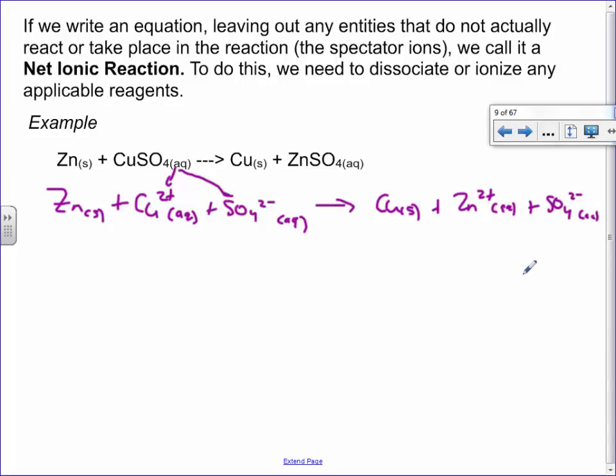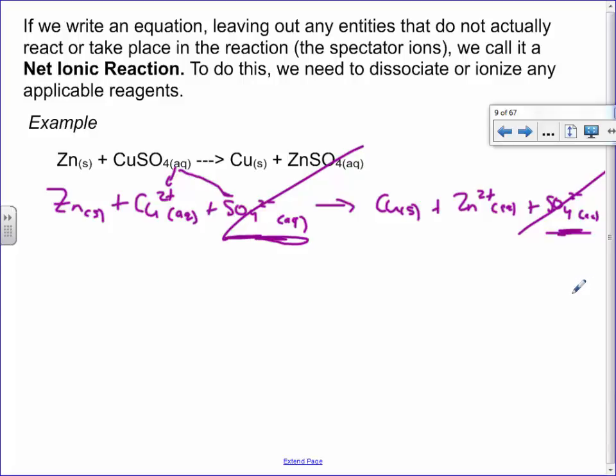Okay, think more like math. What's on both sides of the equation? Yeah, the sulfate. It did not change, right? This sulfate that we began with, and this sulfate that I ended with, are not chemically different. So what I could do then is cancel both of them.